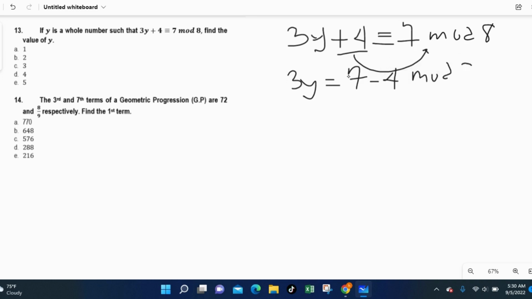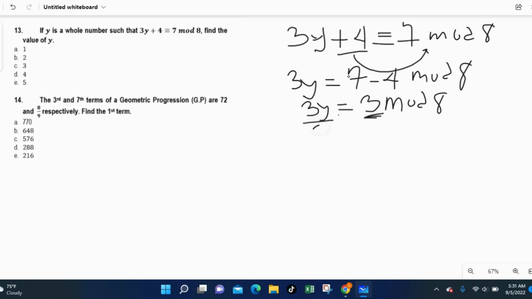Remember, our key goal is to find the value of y. So 3y will be equal to 3 mod 8. Now, to clear the 3 here, we have to divide both sides by 3, because we also have 3 on the other part of the equation.